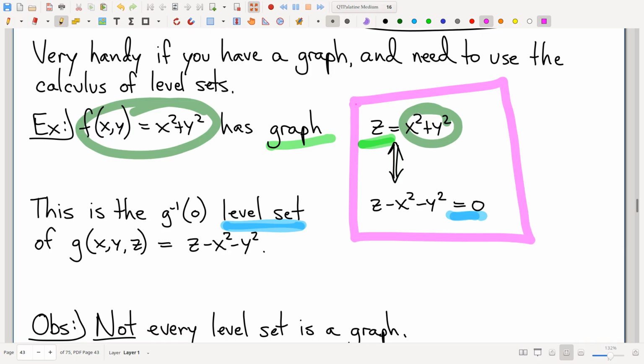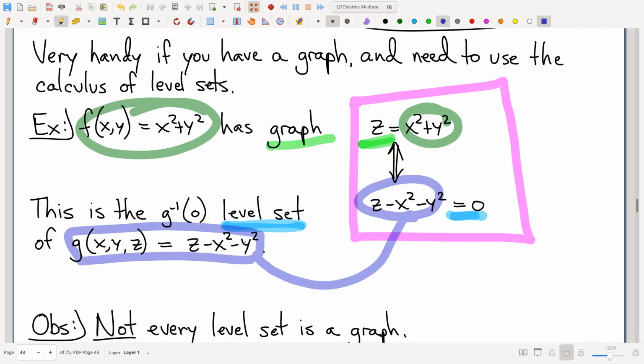Now it's rewritten as a level set, and now you can see what function it is. This function down here, g, this is the function to which you would apply the calculus of level sets, whatever aspect of that might be that you're interested in. You apply the calculus of level sets to g, and that will tell you information about the graph of f.